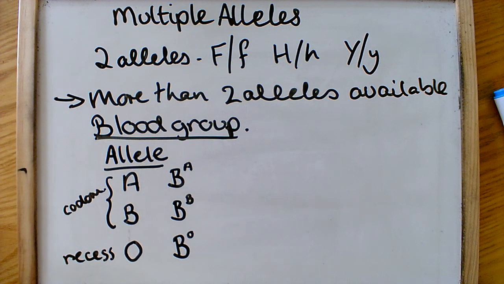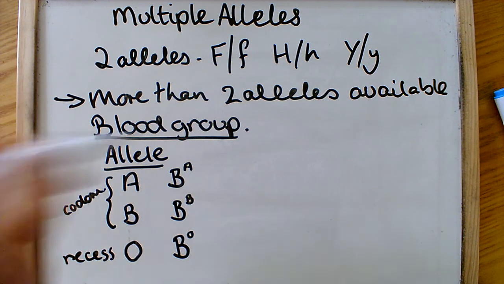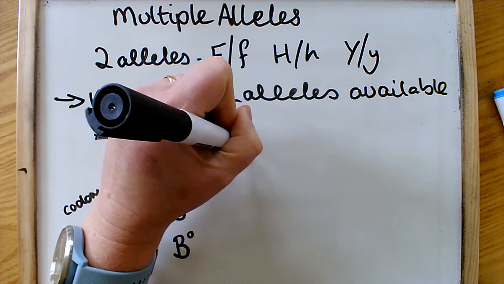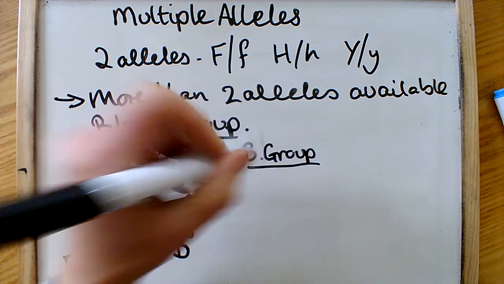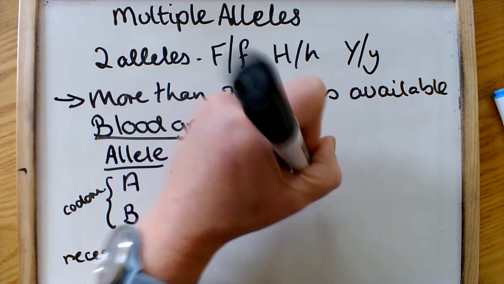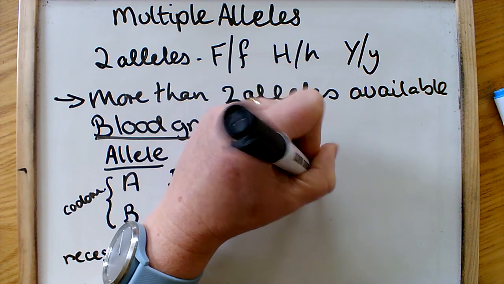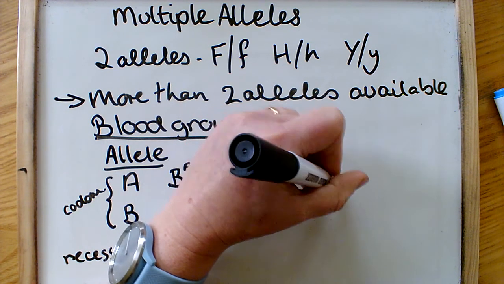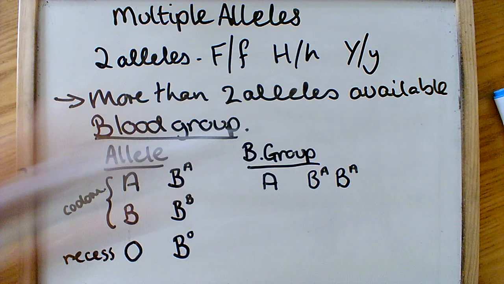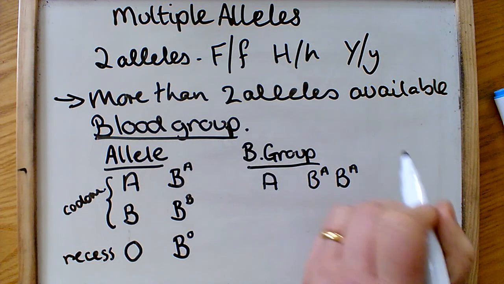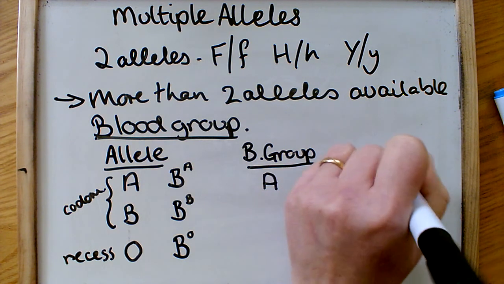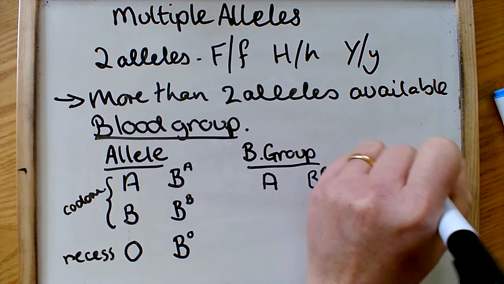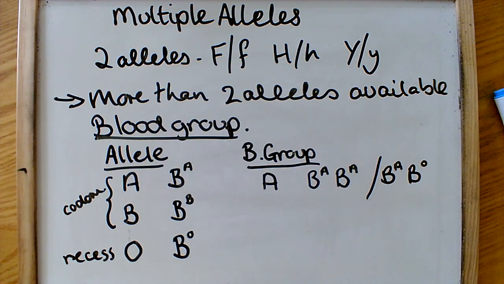Okay? So this is how we end up with our different blood groups, because the blood group that you could get, you could be blood group A, because you'd have presumably got either that as your genotype, or you might have ended up with that as your genotype.